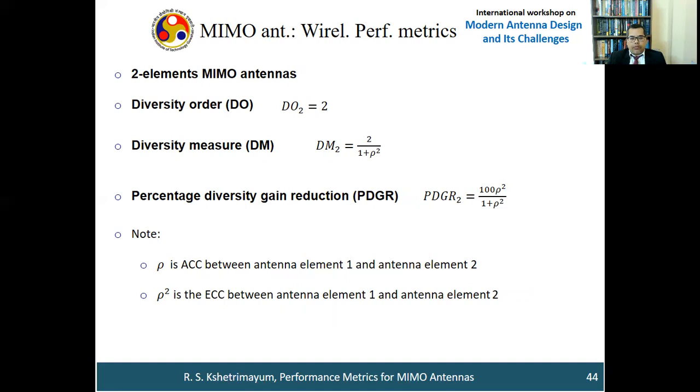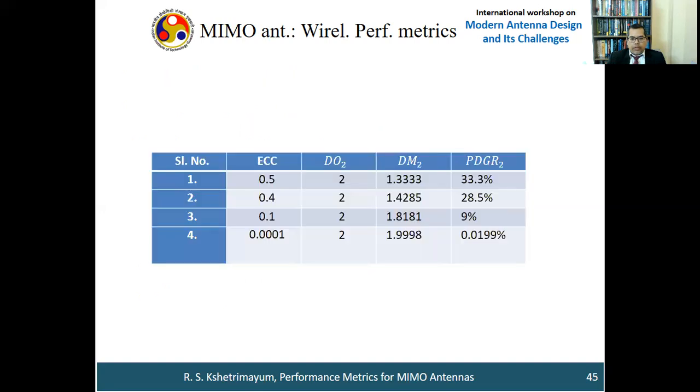It turns out to be 2 divided by 1 plus rho square. So you can find the percentage diversity gain reduction, which is 100 rho square divided by 1 plus rho square. Rho is the SCC between antenna element 1 and 2, and rho square is the ECC between antenna element 1 and 2. So once you know ECC, you can find out all these parameters.